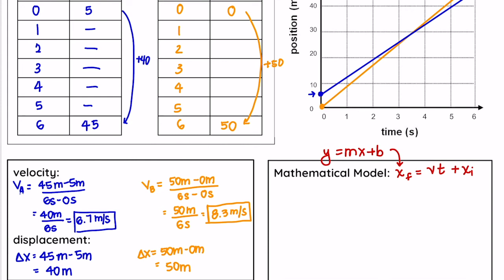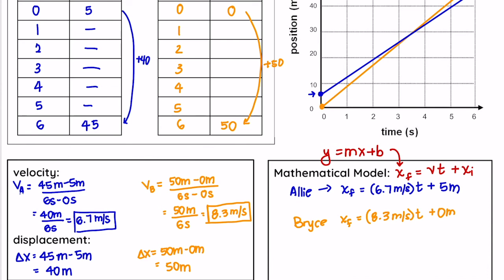So Allie had x_f. Her slope was 6.7 meters per second times her time of t plus her initial position of 5 meters. Now, Bryce had a final position, and his velocity is 8.3 meters per second times time. And he did not have an initial position other than 0. So you don't actually have to write the 0, but I'm writing it just so you can see it.